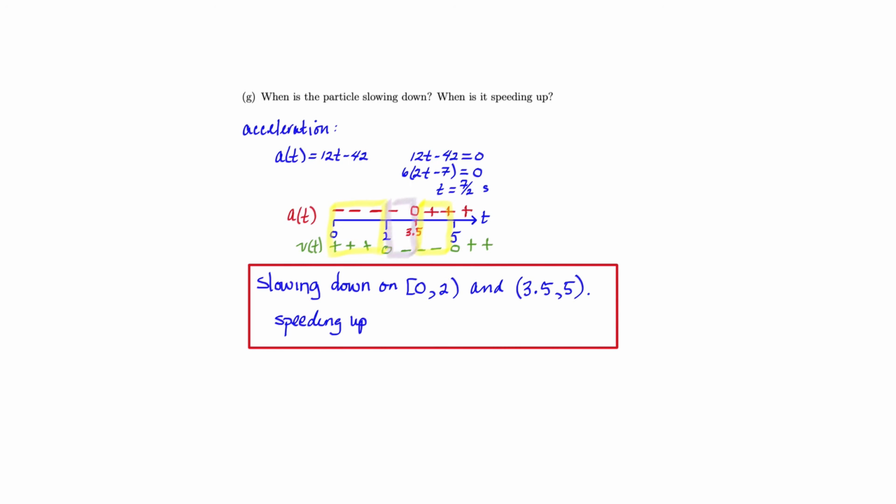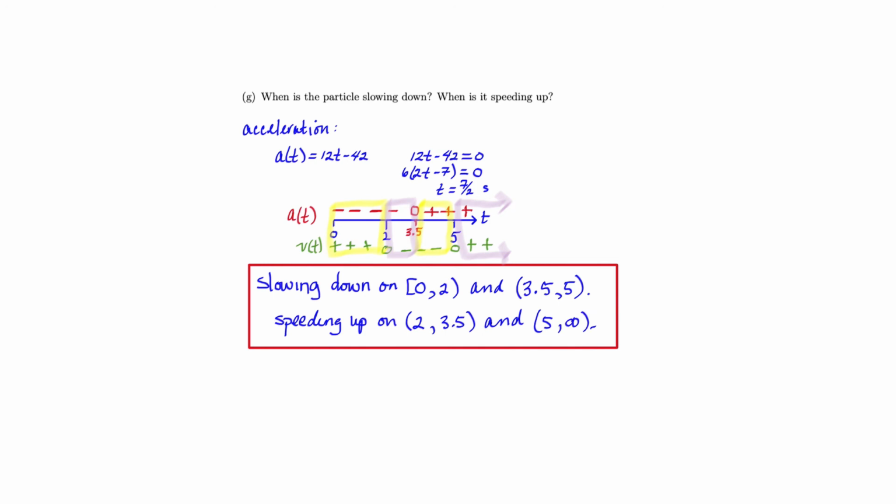And so we can see this particle is moving in the negative direction and has negative velocity between 2 seconds and 3.5 seconds. And also it has positive velocity and positive acceleration from 5 seconds onward. So on the interval from 5 to infinity.